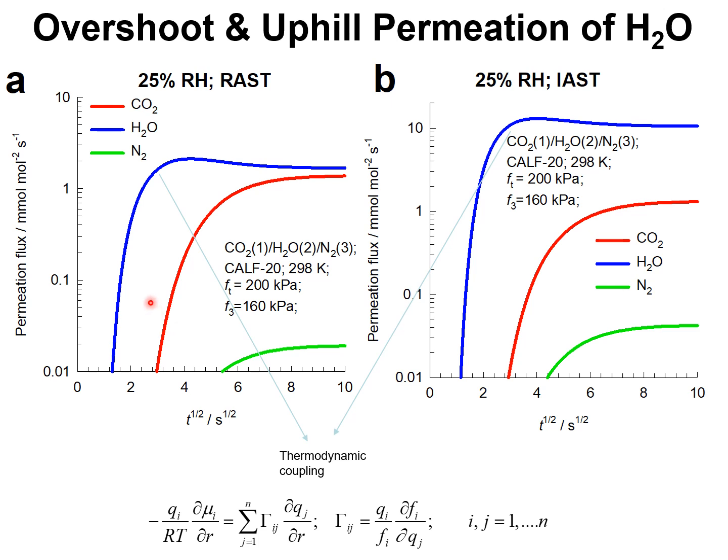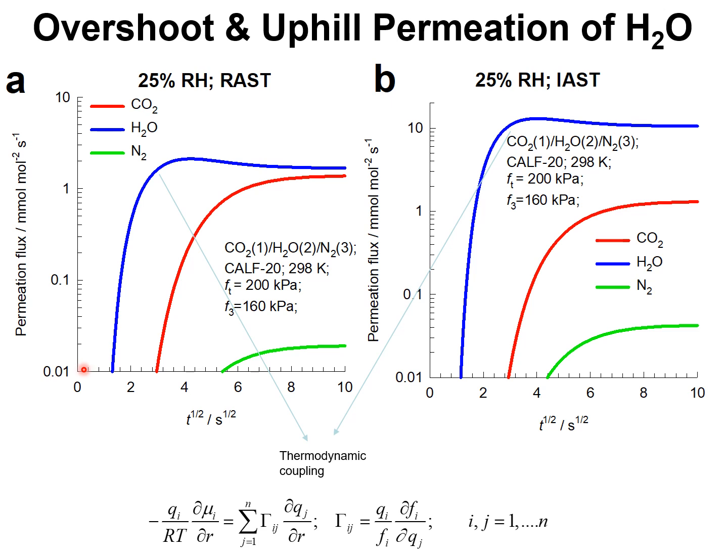Using the Maxwell-Stefan formulation and the RAST for mixture adsorption equilibrium with NRTL parameters determined from configurational bias Monte Carlo simulations, I solve the partial differential equations to determine the permeation fluxes for water, shown by the blue line, carbon dioxide, red line, and nitrogen, green line, as a function of square root of the time in seconds.